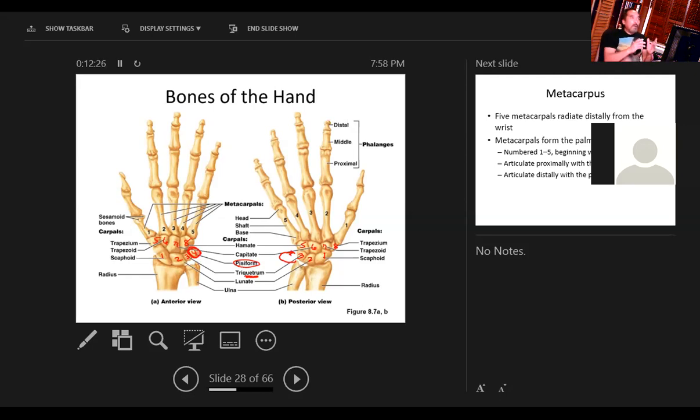If I'm in the exam, I'm going to say, who's first, trapezium or trapezoid? Remember, it's thumb to pinky. Trapezium is first. Why? Trapezium has the letter I and trapezoid has the letter O, alphabetical.